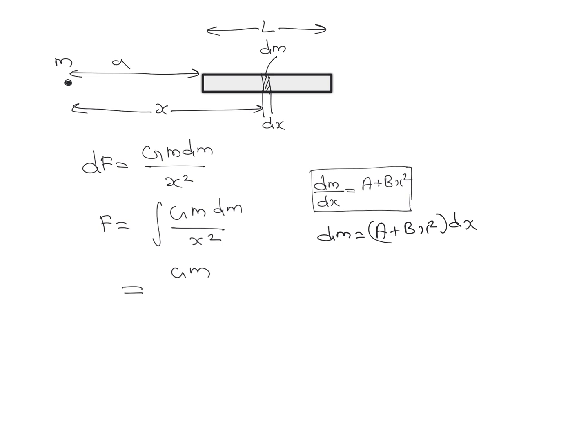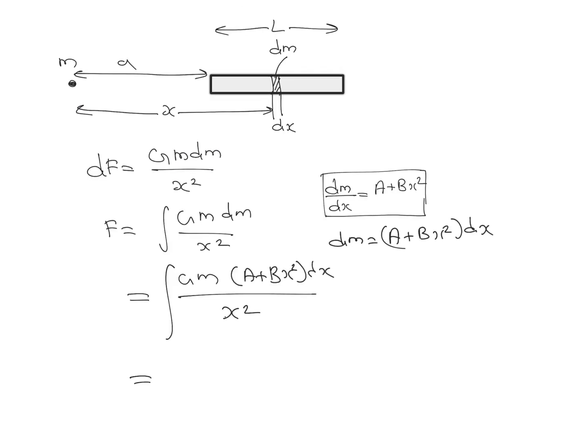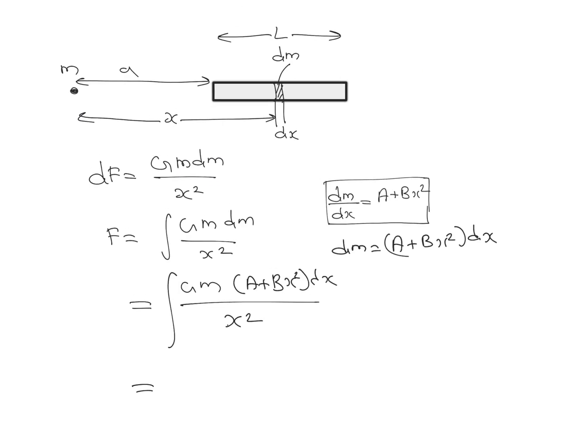Putting this in, we get a plus b x square into dx divided by x square. We need to integrate this expression with limits: for this point x is a, and for this point x is a plus L, so the limit changes from a to a plus L.